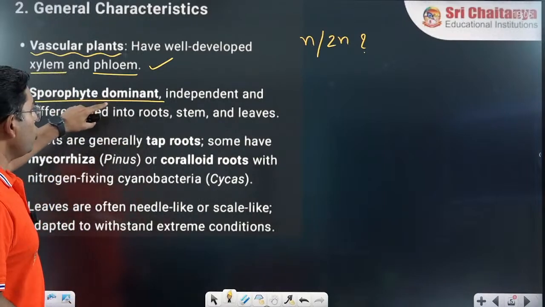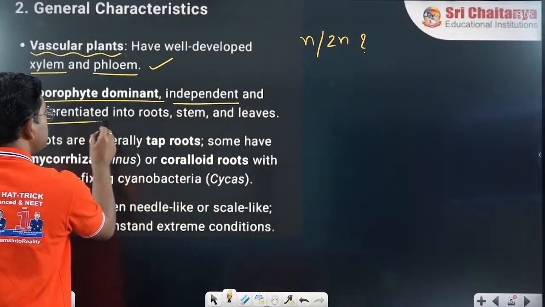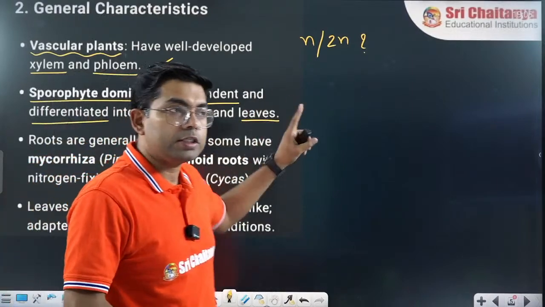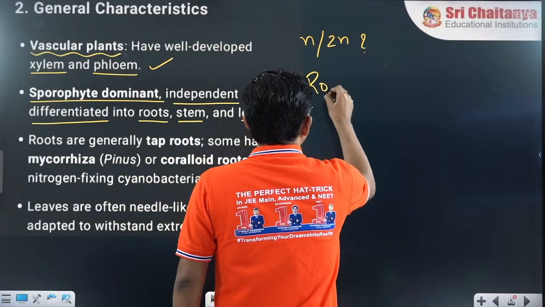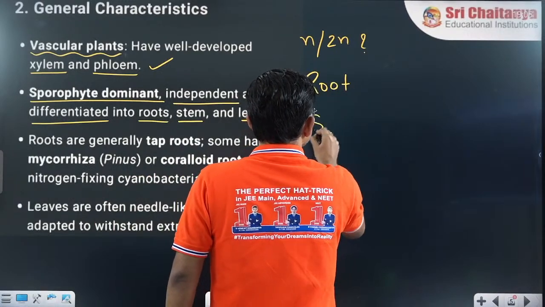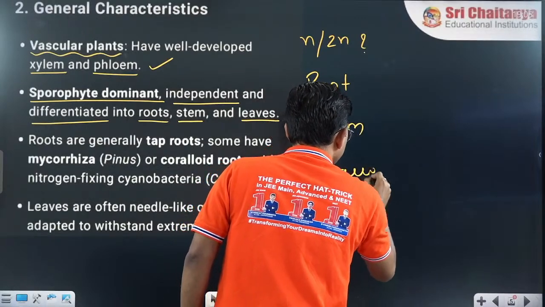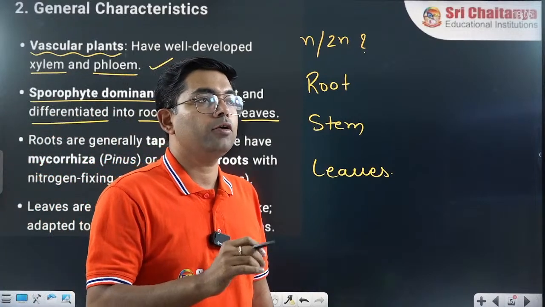Now, sporophyte is dominant, independent and differentiated into root, stem and leaf. So here what is very important is that they have distinct root, stem and leaves present. Pteridophyte also had this, but here, very good.